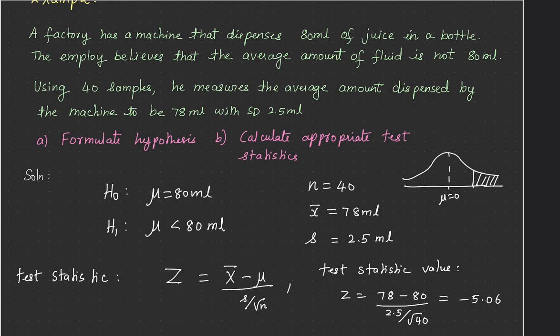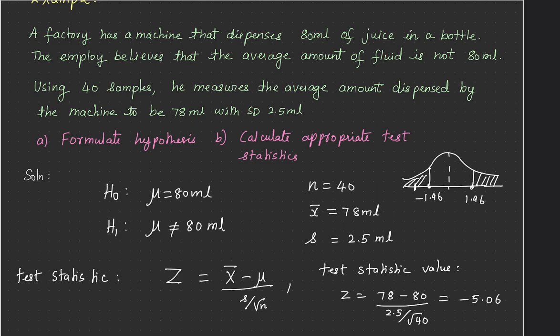If I consider this to be not equal to, I'll come to that two-sided case later in detail. Just consider this diagram. This is z alpha by 2, and this is minus z alpha by 2. If I consider this to be a 95% confidence interval, this point will be minus 1.96 and this point is 1.96. We can say this minus 5.06 lies somewhere here, which is extreme.